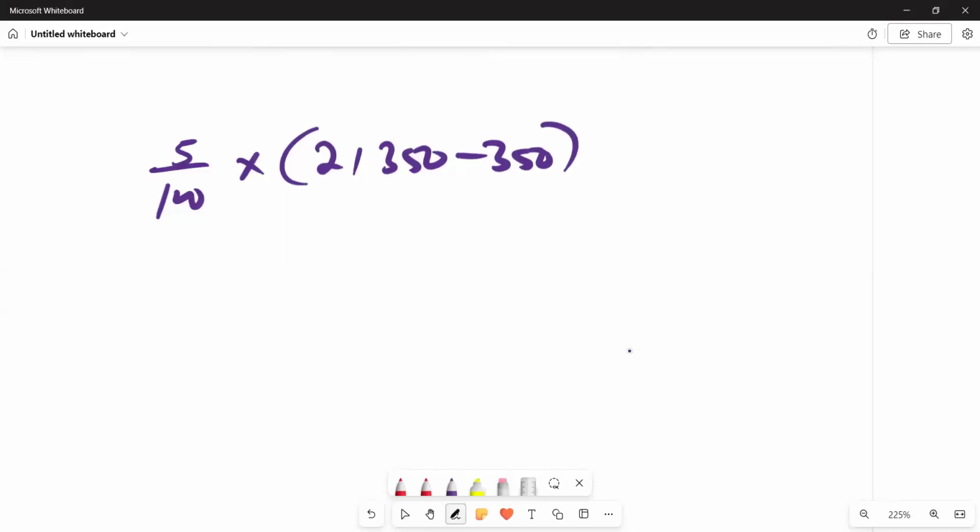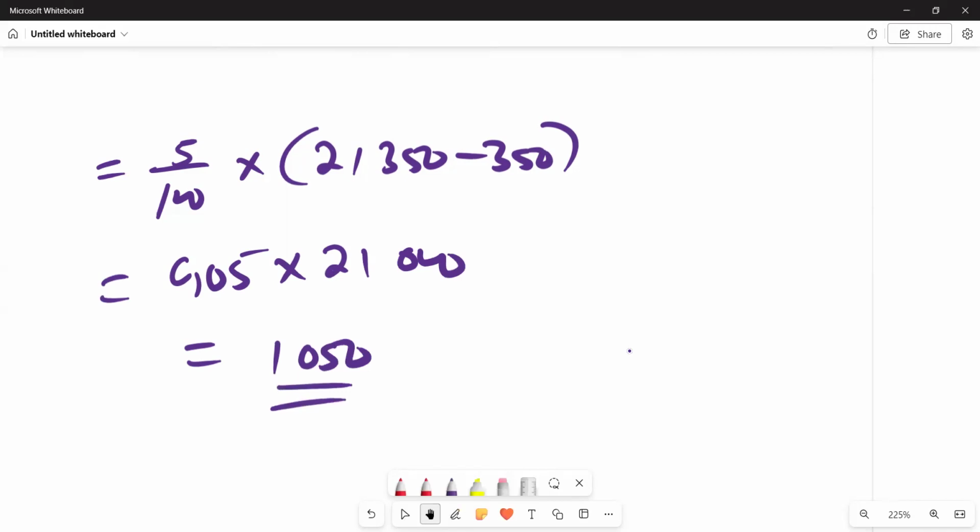If we simplify it further, 5 over 100 gives you 0.05, and 21,350 minus 350 gives you 21,000. So you calculate it, and the final figure will become 1,050.